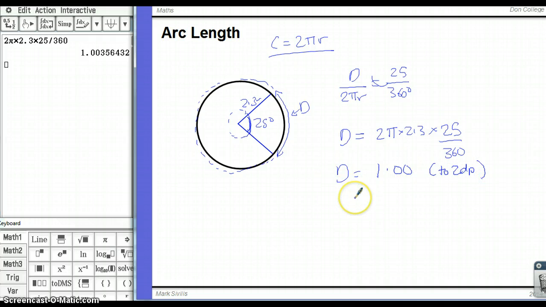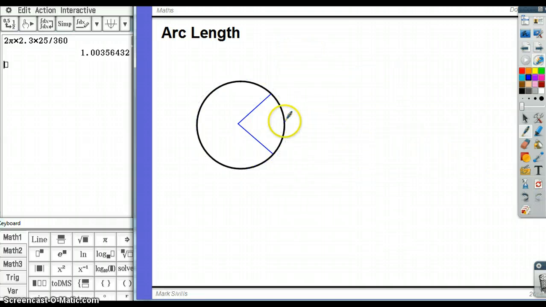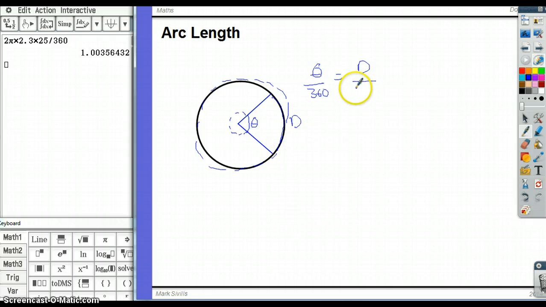So can we work this out then for any arc length, for any circle? The answer is yes. And you should be able to see now that the general formula is going to come from theta out of 360 being the same as D out of the whole circle, so 2 pi r.